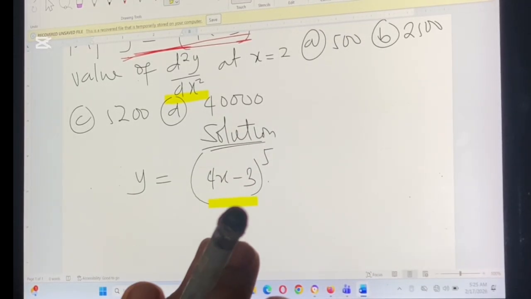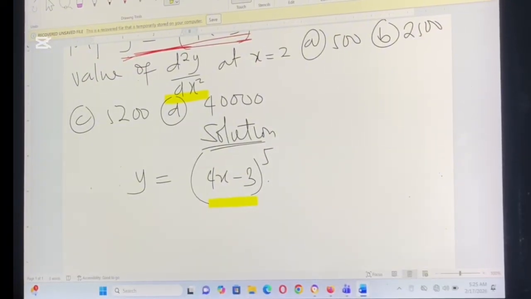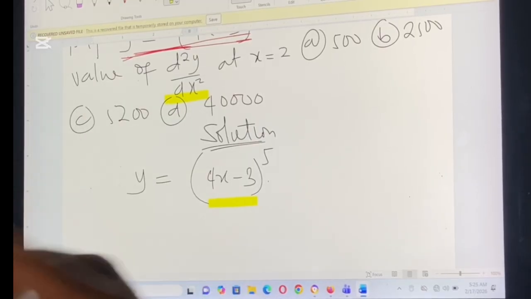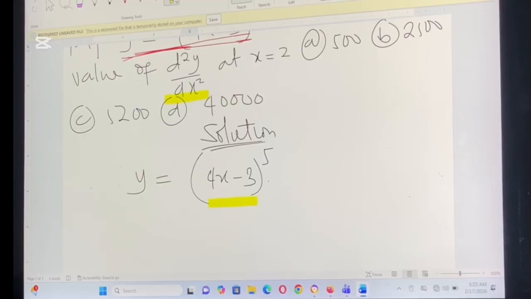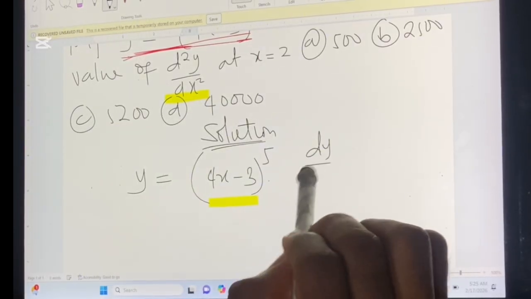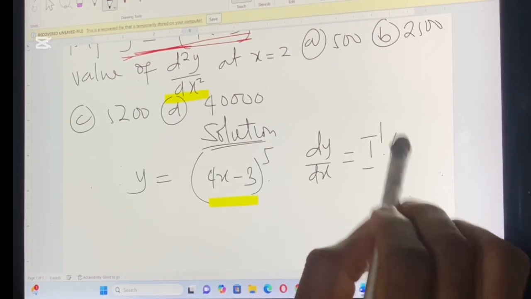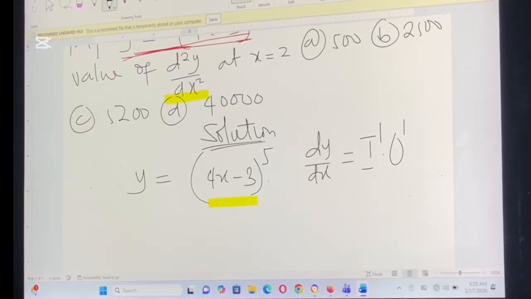Whenever a function has inner and outer parts, the pattern to differentiate that is this. The derivative, that is dy/ds, will be the inner derivative times the outer derivative. Please take note.